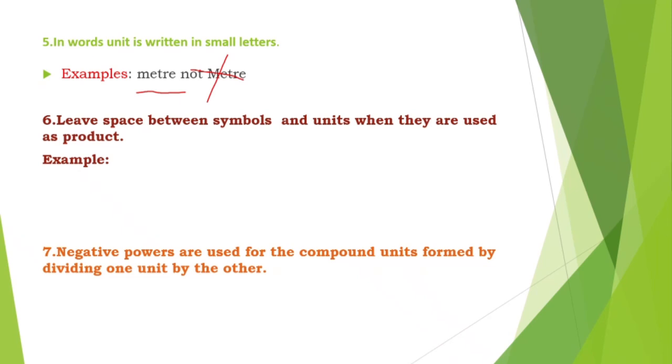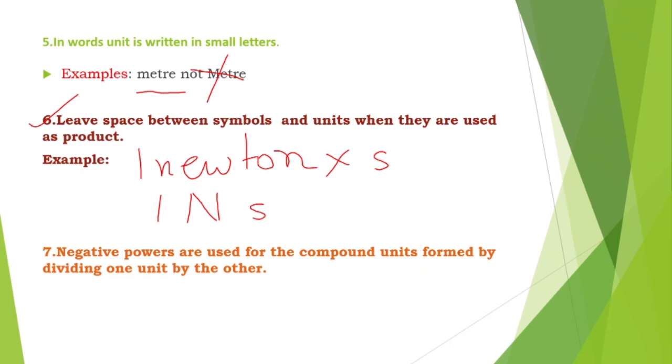Next, leave some space between the symbols and units when they are used as a product. Look here: 1 newton multiplied by 1 second. So here it is 1 N s.